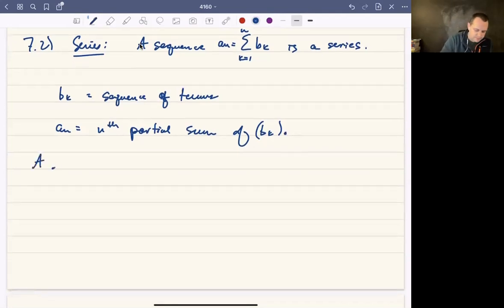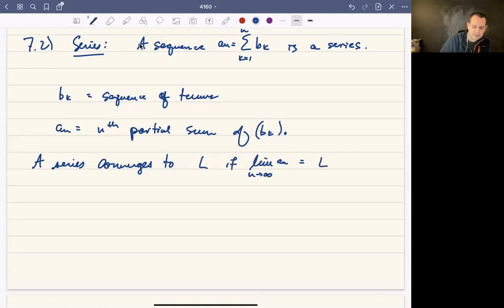A series converges to L if the sequence of partial sums converges to L. So in other words, if the limit of a sub n is L. And so the way that this often gets used is that if you were to have a series b sub k, you could think of this as the limit, just kind of like when you're doing improper integration in Calc 2, you could think of this as the limit of the partial sums of b sub k.